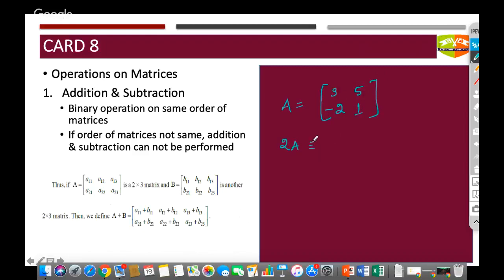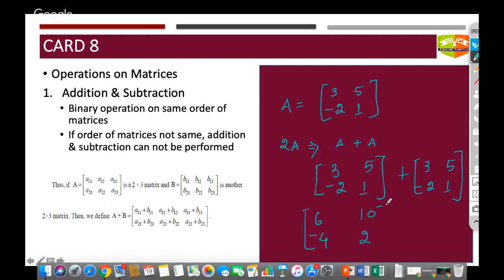What do I mean by 2A? I mean A plus A. So A plus A means [3, 5; minus 2, 1] plus [3, 5; minus 2, 1]. I add 3 plus 3, 6; 5 plus 5, 10; minus 2 minus 2, minus 4; 1 plus 1, 2. So actually I'm adding A two times.